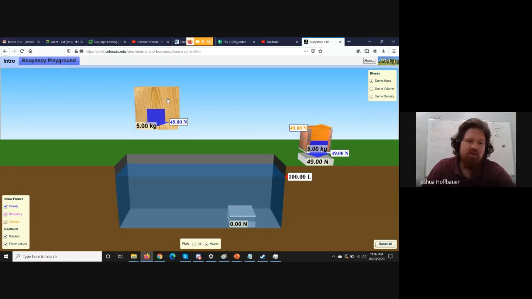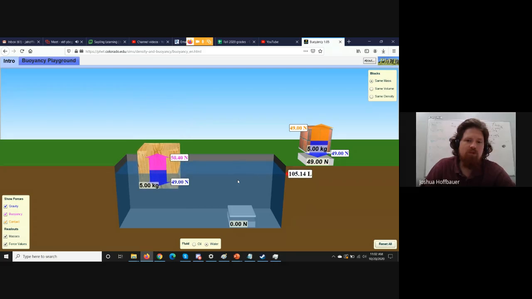So if I release it, the only force points down and it'll fall. But when I drop it into the pool, it takes a second, but eventually everything's going to balance out. Notice the force of gravity down reads 49 newtons, and the buoyant force upwards also reads 49 newtons.